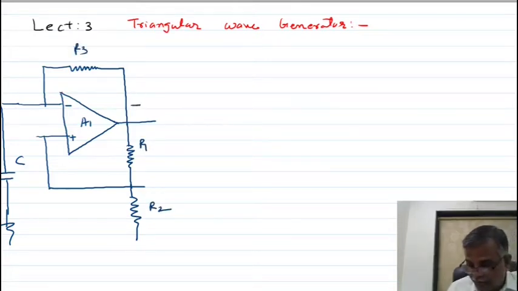The output of this section, see this output, I am giving to the negative terminal of the op-amp A2.